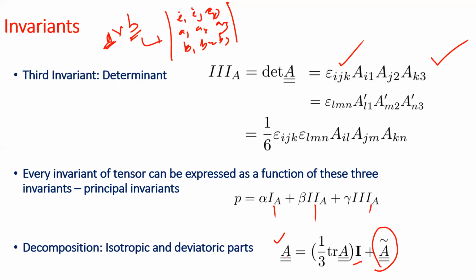So that is the deviatoric tensor. That's how it is calculated. Original tensor minus identity tensor times the trace over 3, or you can as well write this as A is the first invariant times the identity tensor divided by 3 plus the deviatoric tensor. Just to differentiate the original tensor from the deviatoric tensor, we are using a delta sign.